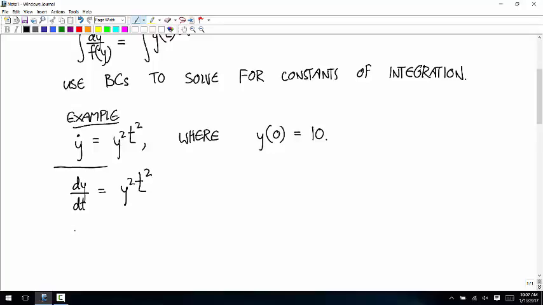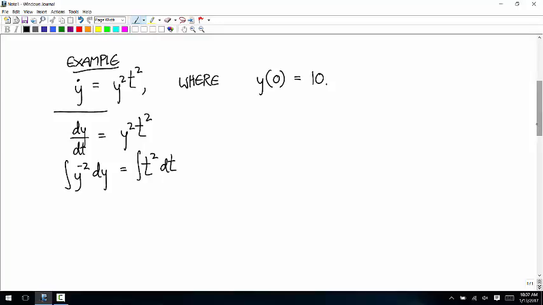And so divide both sides by y squared, and you get y to the minus 2 dy is equal to t squared dt, and integrate both sides. And so you get negative y to the negative 1 is equal to t cubed over 3. Each of these has a constant of integration. Since they're both arbitrary, I'll just lump it all into a single constant like that.